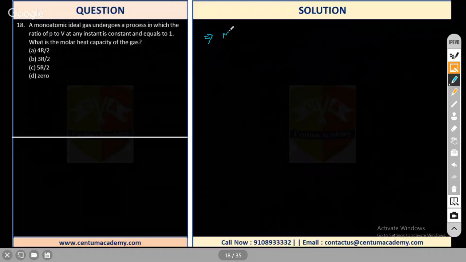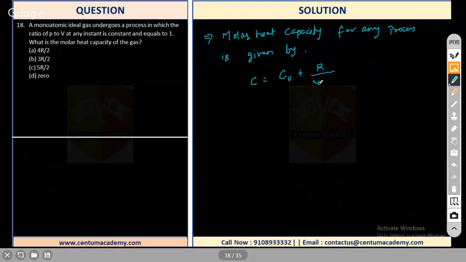The molar heat capacity for any process is given by C is equals to CV plus R divided by gamma minus 1. This is the formula we have for any process.